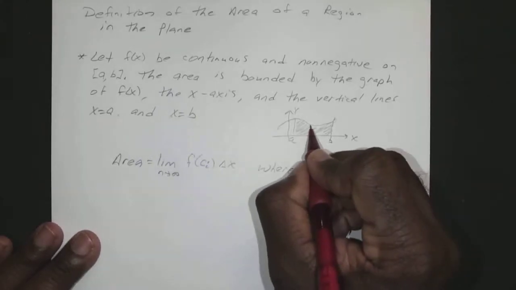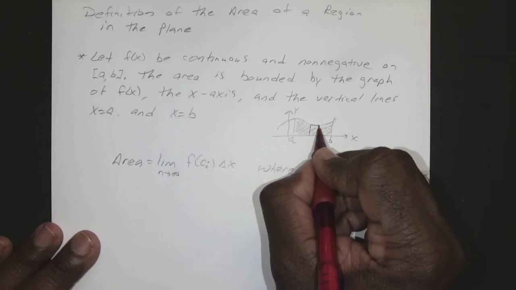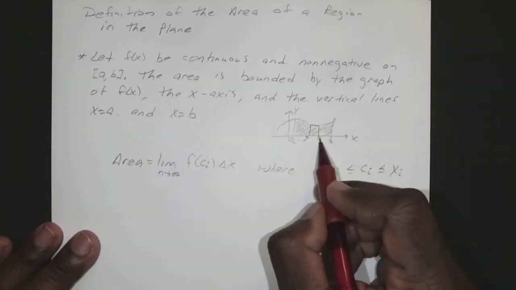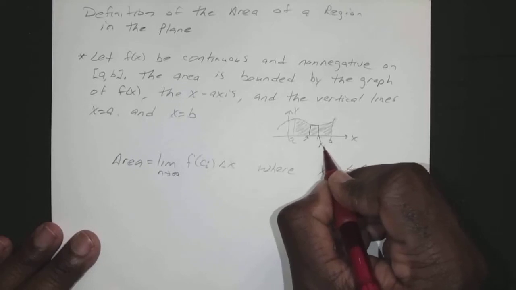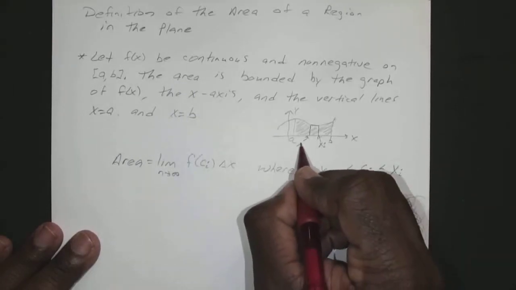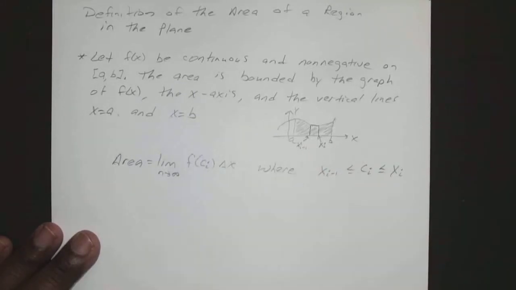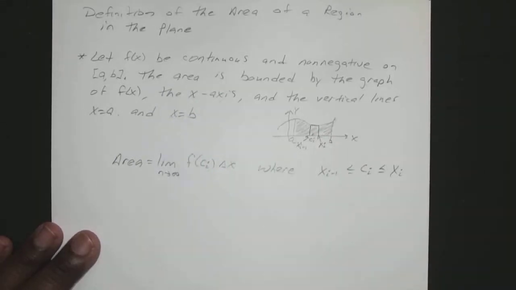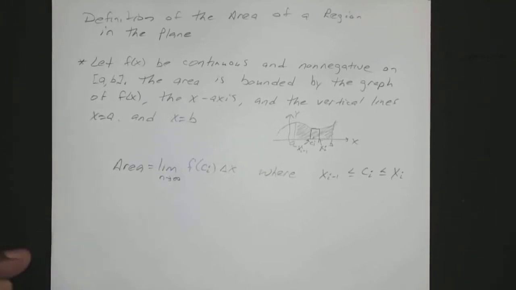Okay, so if we actually picked a rectangle out of here, this one would be x sub i, this would be x sub i minus 1, and your c sub i would be right in between. So if it's a really, really skinny rectangle, that c sub i is right in the middle of it.